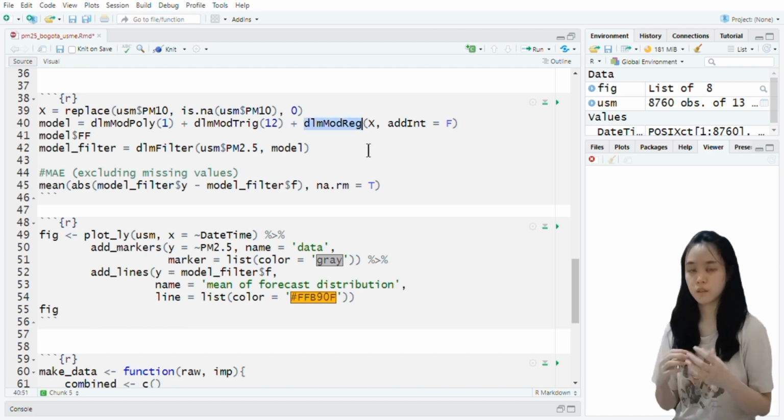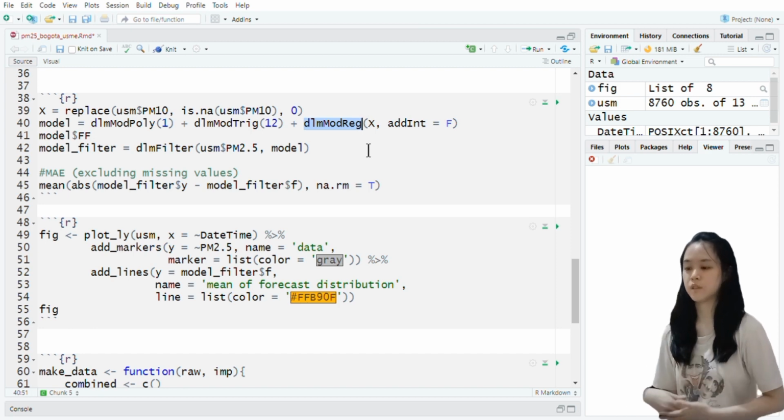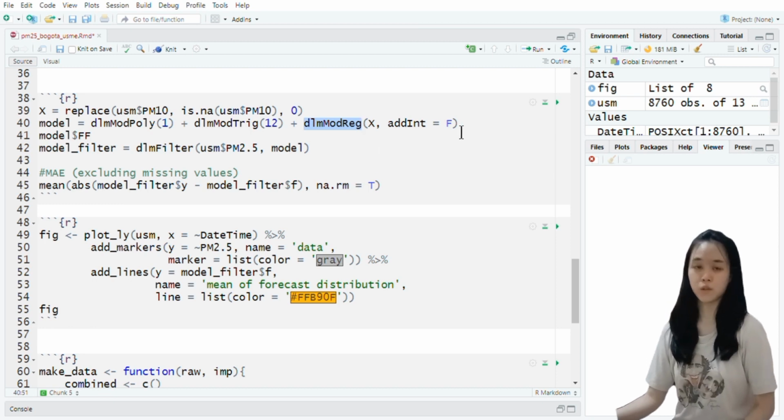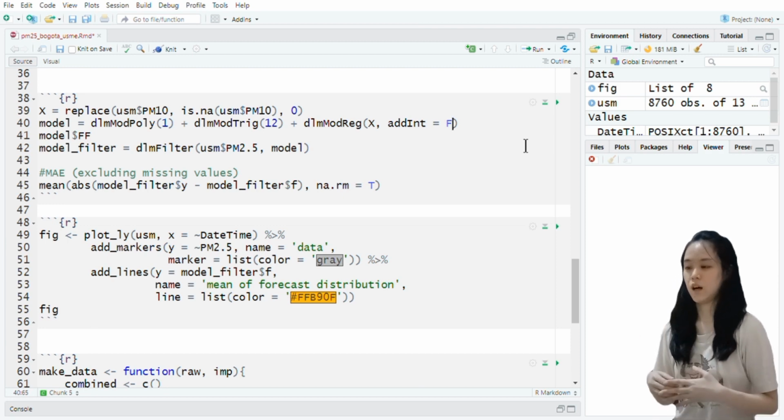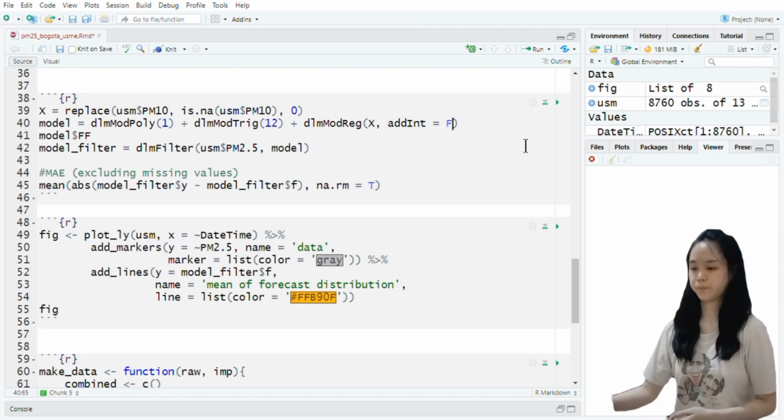So the model definition would be simpler, even simpler. But of course, we can try out some alternatives, like I can try to make it true and see how the model performs.